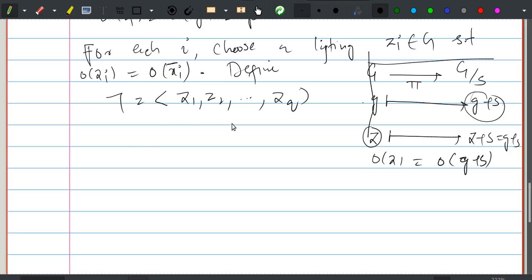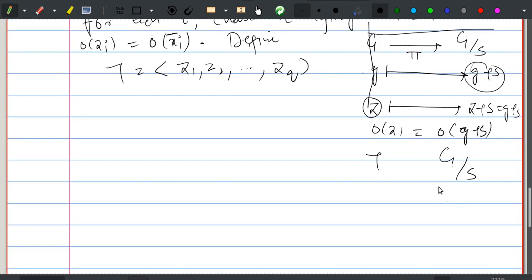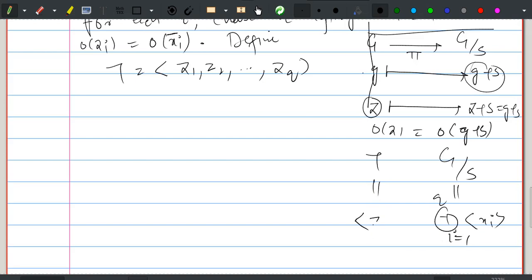Then clearly, G mod S is the direct sum of these Xi's, where i runs from 1 to Q, and T is the subgroup generated by these Zi's, where the order of each Xi is equal to the order of Zi.